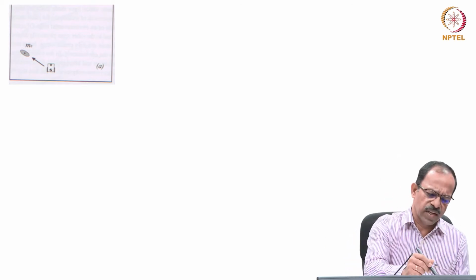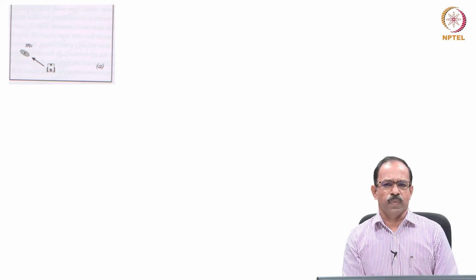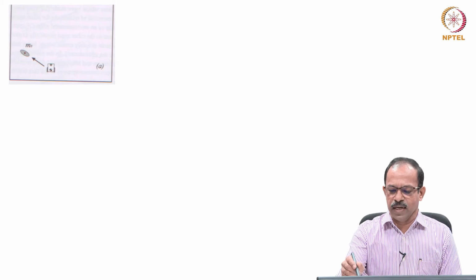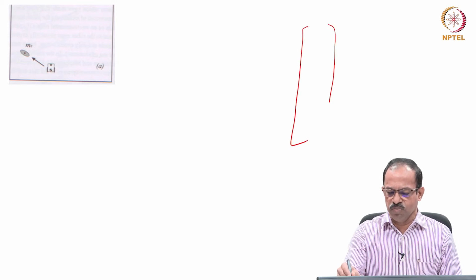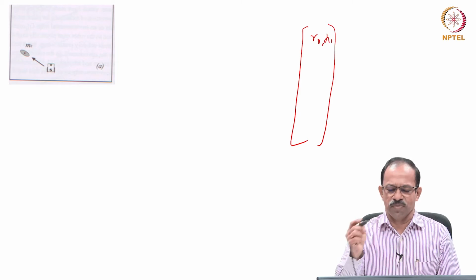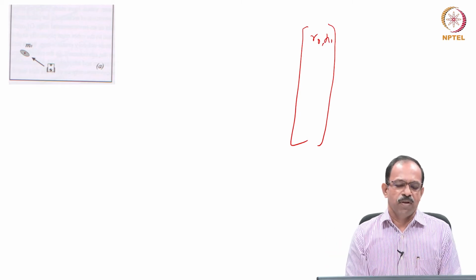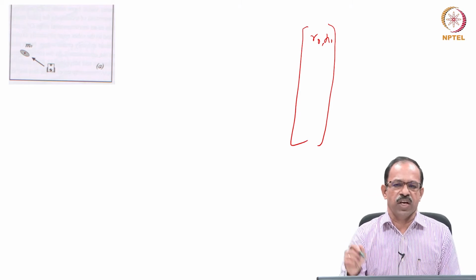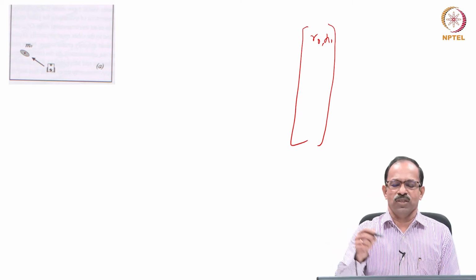Suppose the robot is seeing an object M0, it will create a database entry: okay, I am seeing an object at a distance of R0 and angle alpha 0. It will create a map from its current location. The current location is known, so it knows that from this location it is seeing an object at R0, alpha 0.